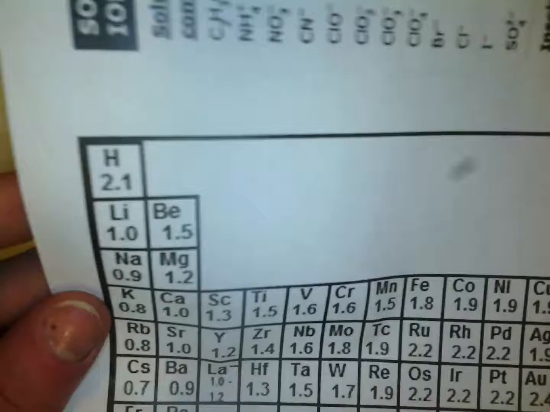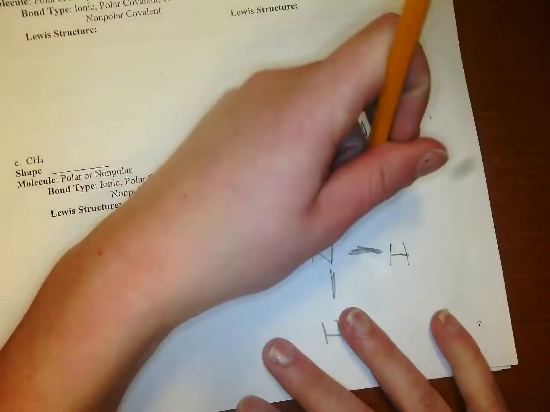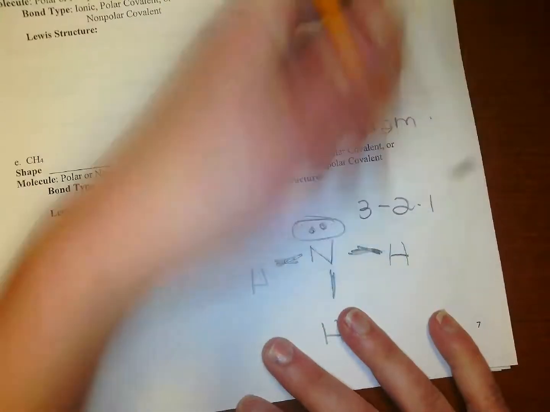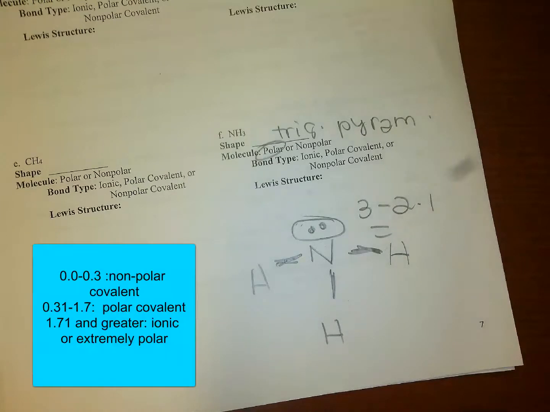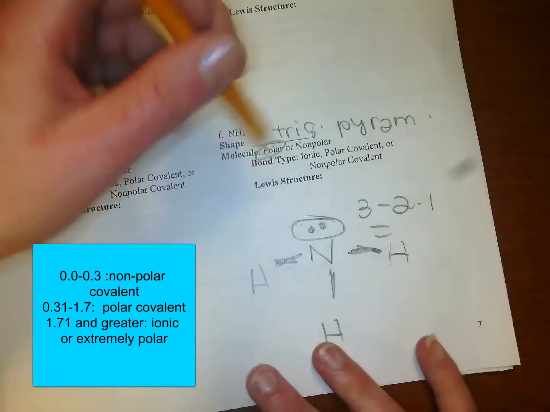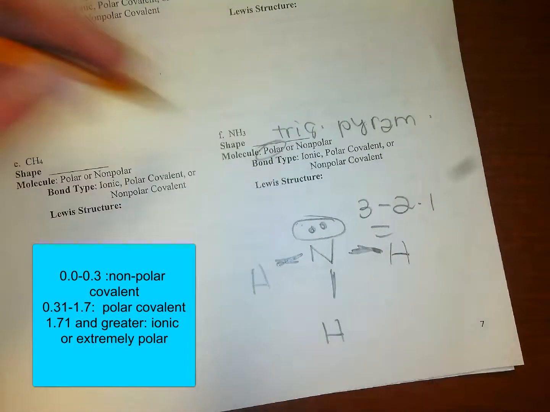Okay, so 3 minus 2.1. Okay, and then we'll give you those ranges, right? So you're not going to have that memorized. We will give you the ranges and how that would fall out. So there's a little instruction.